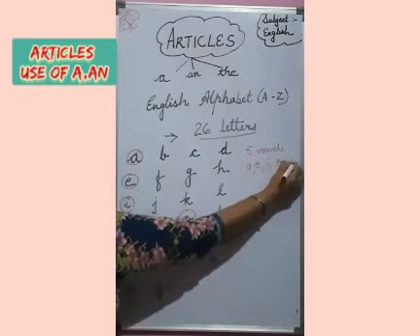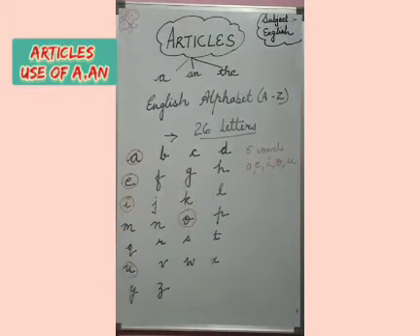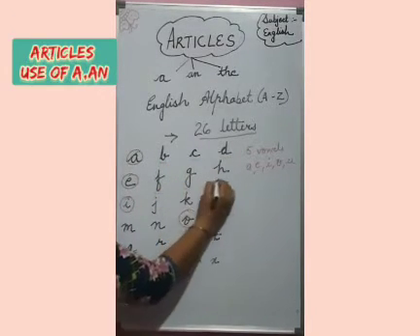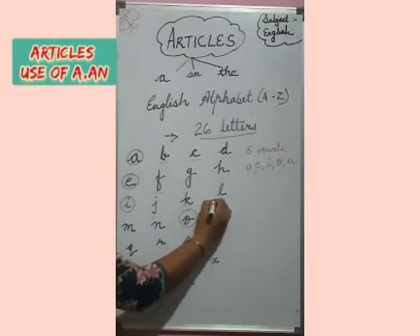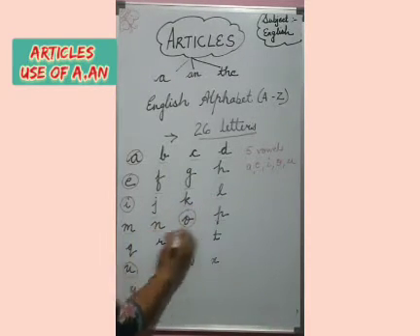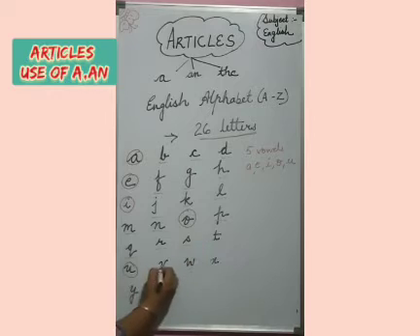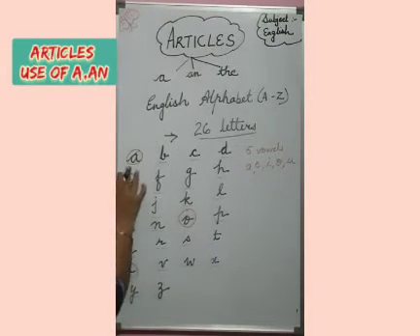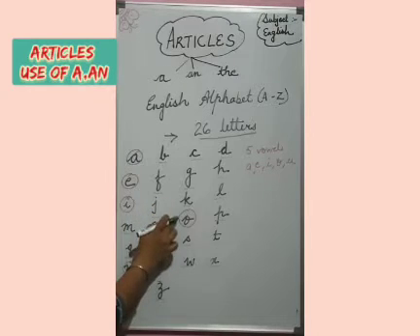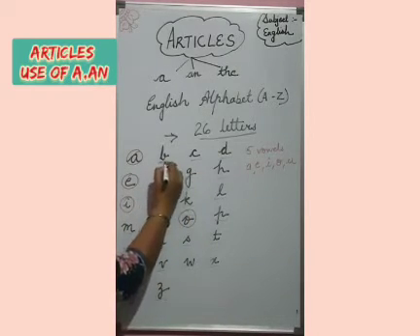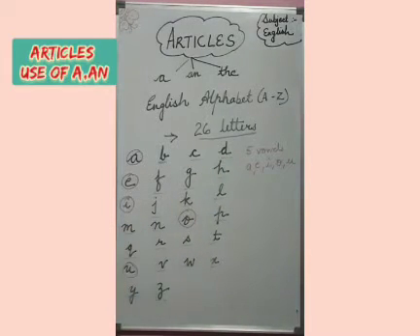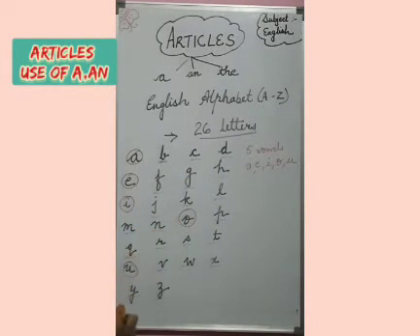And the rest of the letters are consonants: B, C, D, F, G, H, J, K, L, M, N, P, Q, R, S, T, V, W, X, Y, Z. So the letters which I have circled are vowels, and the letters which I have underlined with a green line are consonants.